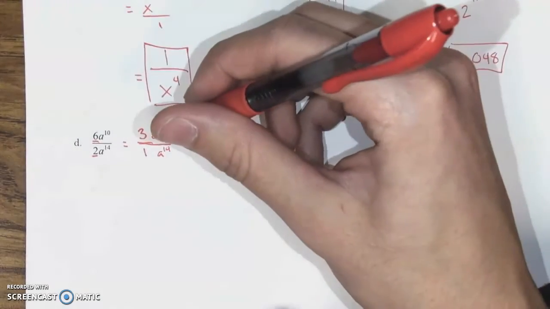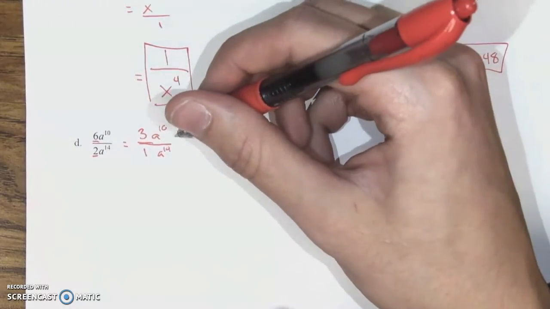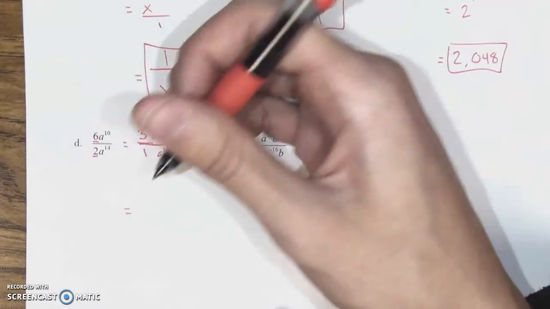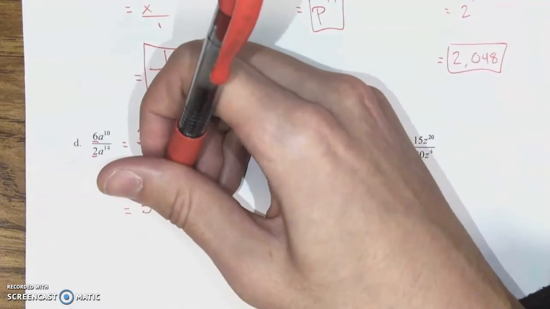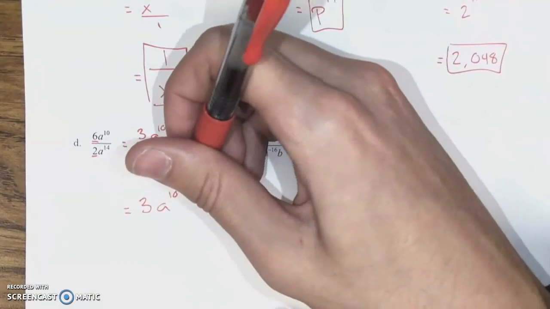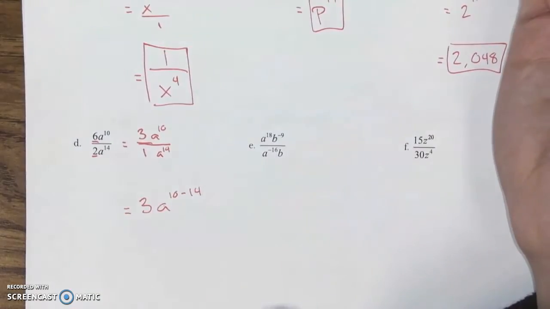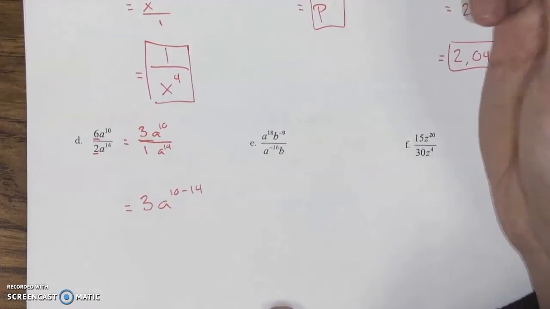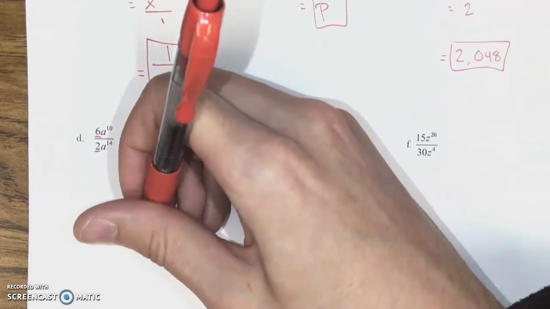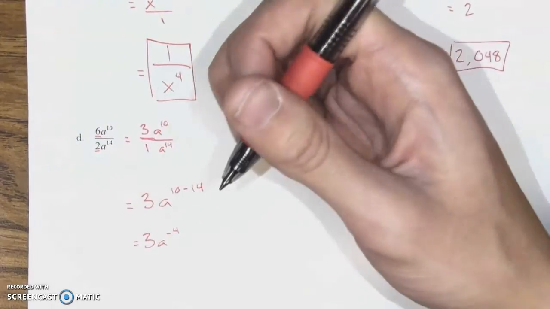We can take the difference of the exponents. This is the same as 3 times a to the 10 minus 14. 10 minus 14 is negative 4, so we have 3a to the negative 4.